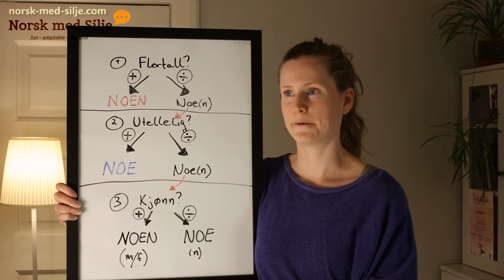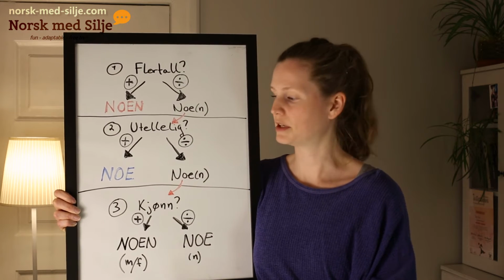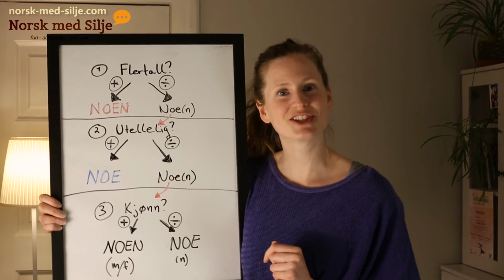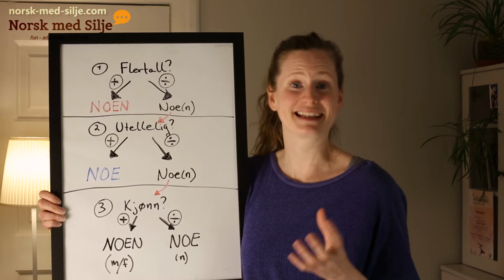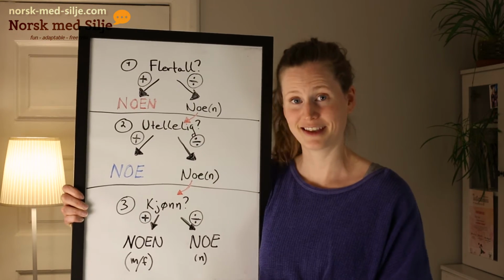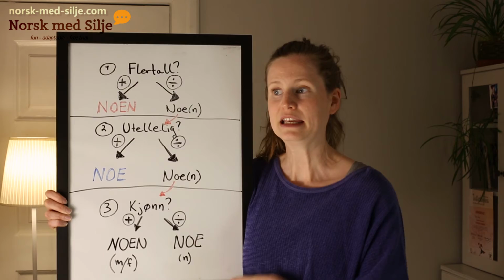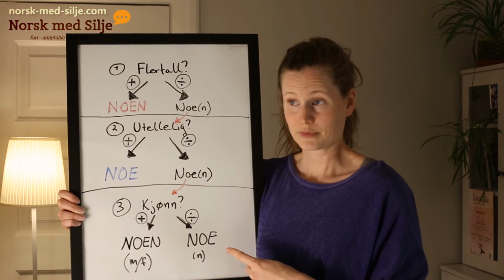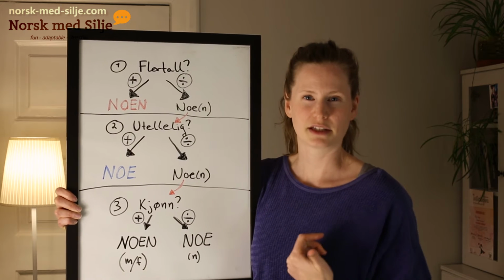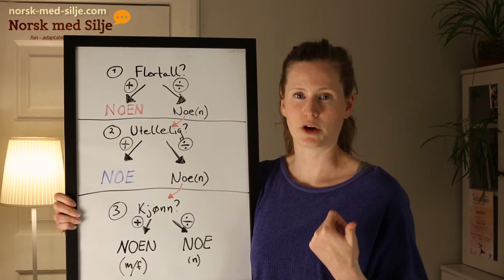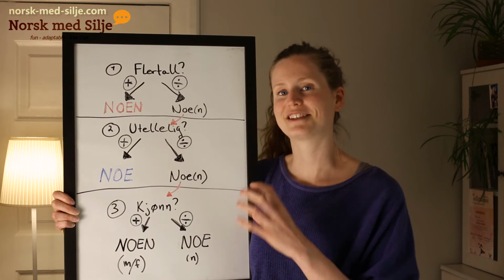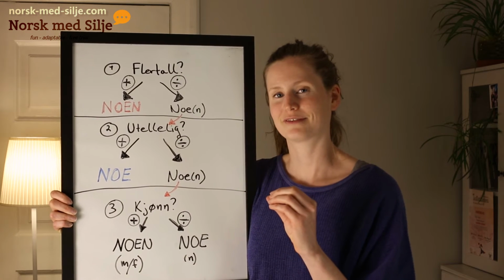Okay? And that's quite particular because now we're going to the part where I explain which meanings these words can have. And that depends on which of the categories they belong to, but also what kind of sentence we're talking about, and if the word stands by itself or not.